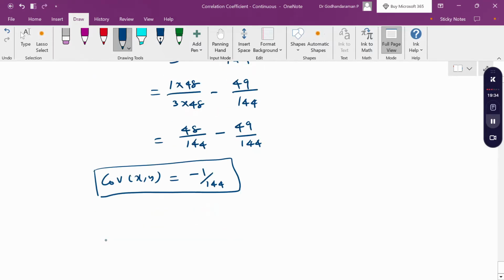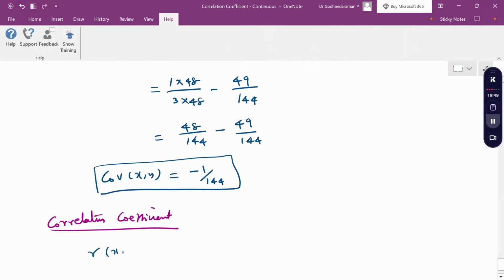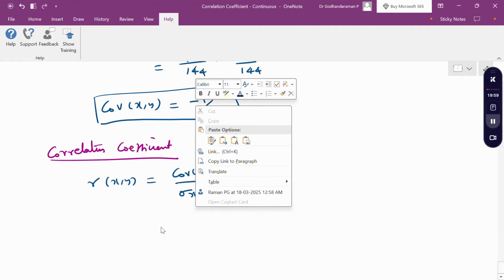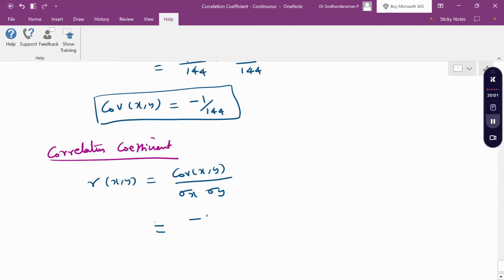So now find the correlation coefficient. The correlation coefficient R of x comma y is the covariance of x comma y divided by sigma x sigma y. That is, minus 1 by 144 divided by root of 11 by 144 times root of 11 by 144.